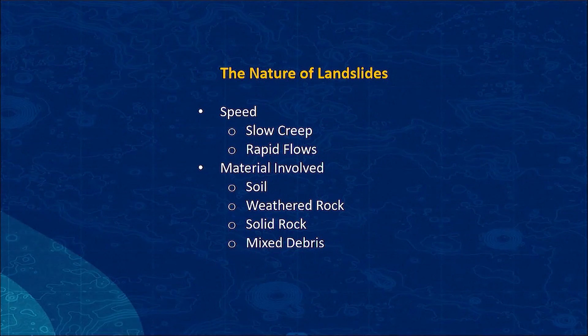Weathered rock. Broken, cracked, or weakened rock near the surface that has been softened by weathering, such as rain, temperature changes, and chemical reactions. This material is easier to move than solid rock and often forms debris slides or flows.